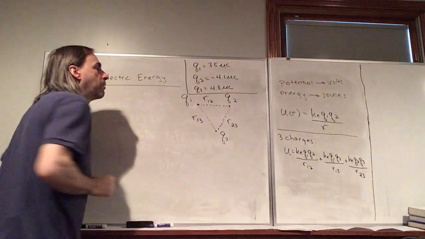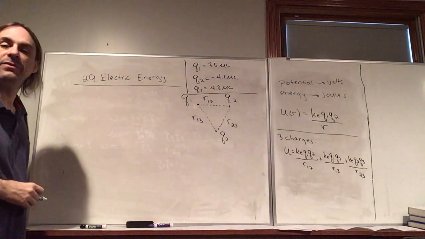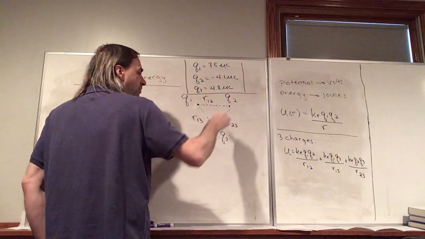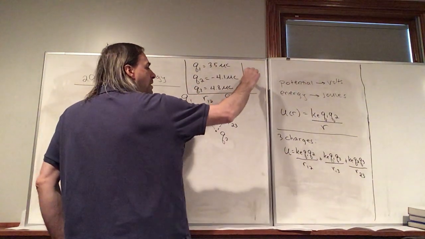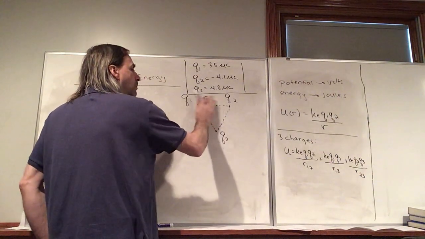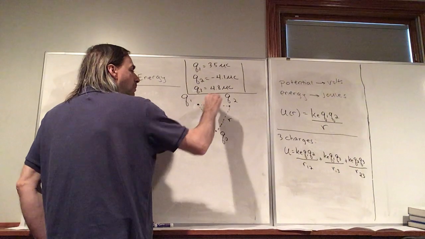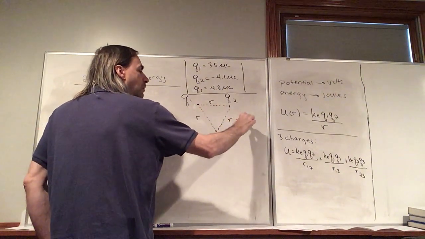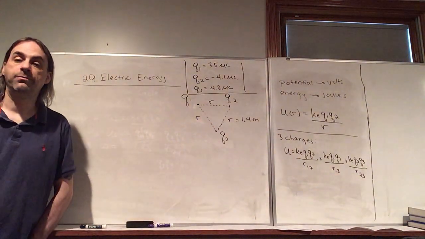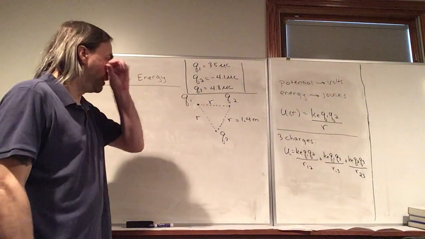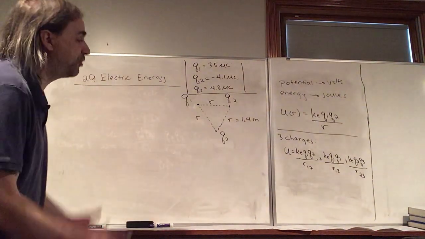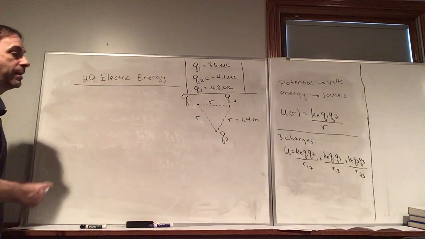So Q1 and Q3 are positive, Q2 is negative. And to make things simpler, let's say it's an equilateral triangle. We'll just make it up, say 1.4 meters. So how much energy is stored in this, or how much energy did it take to build this configuration?